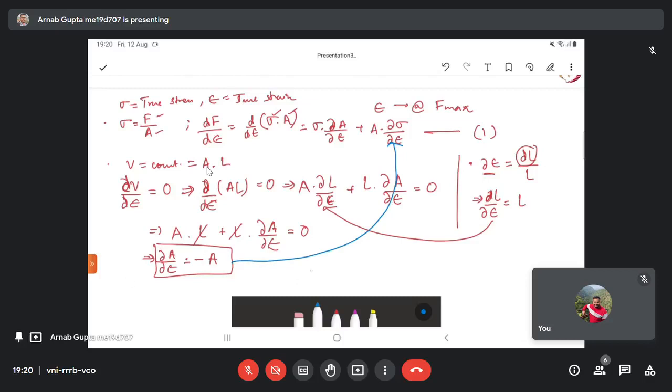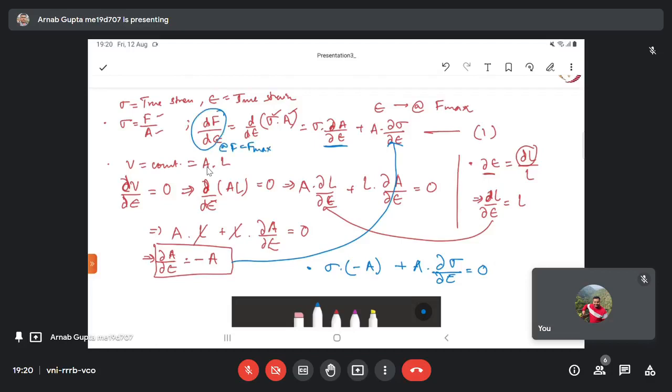So I'm writing it here. Sigma into minus A plus A into d sigma by d epsilon is equal to how much? It should be equal to 0 if we are taking this derivative at F equal to F max, right?